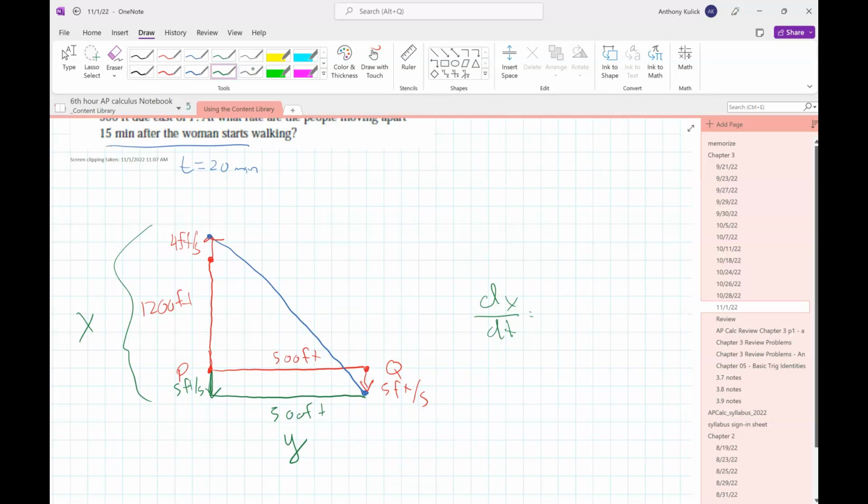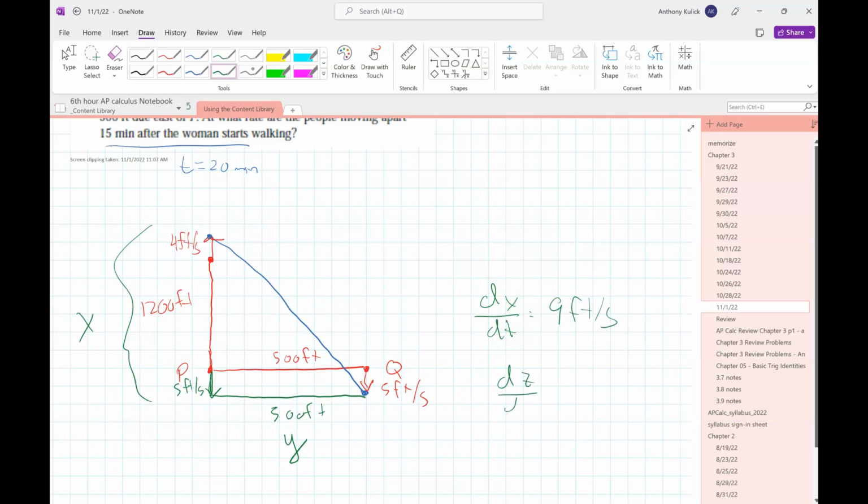At time 5, that side is 1,200. 1 second after that, that side is going to be 1209 because you got 4 longer on one end and 5 longer on the other end. Everybody agree? And that's positive change because it's getting bigger, right?